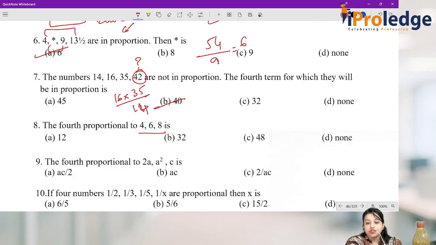The fourth proportion means the last proportion.